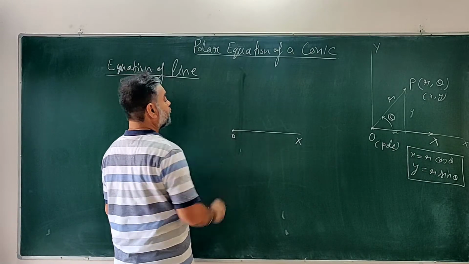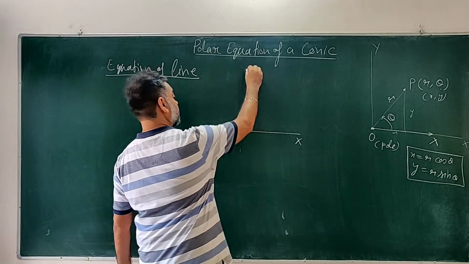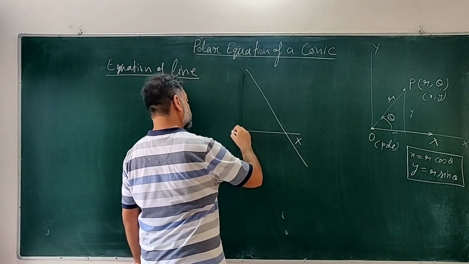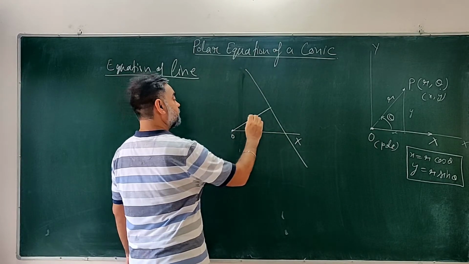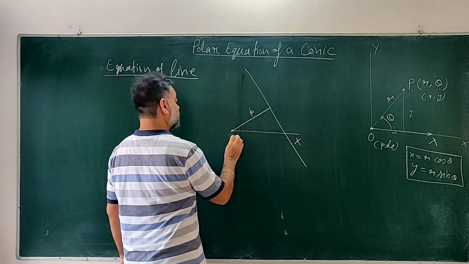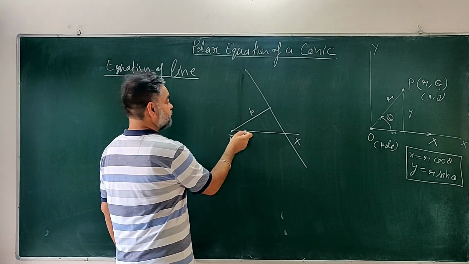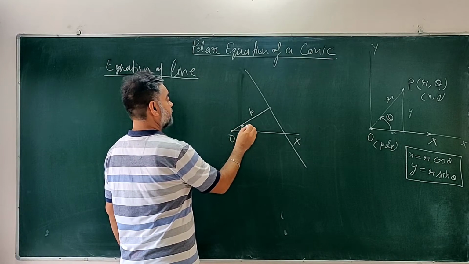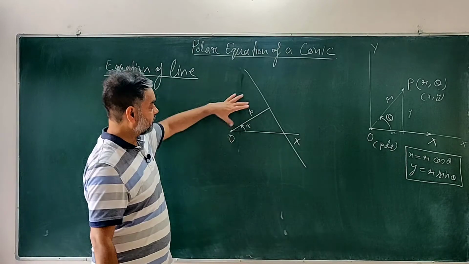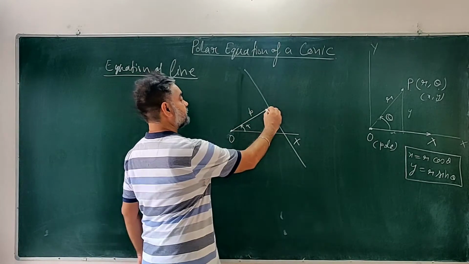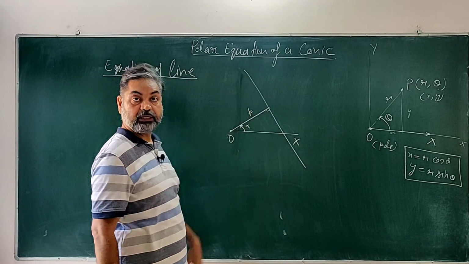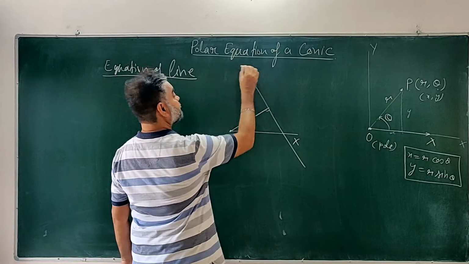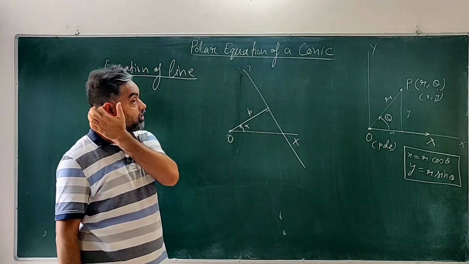Suppose you have a straight line here whose perpendicular distance from the point O is p, small p, and suppose this perpendicular to the line makes an angle alpha with the initial line. Then what would be the equation of this line in polar coordinates?